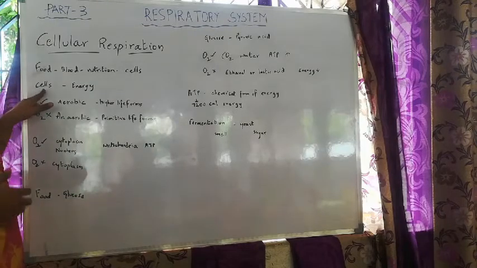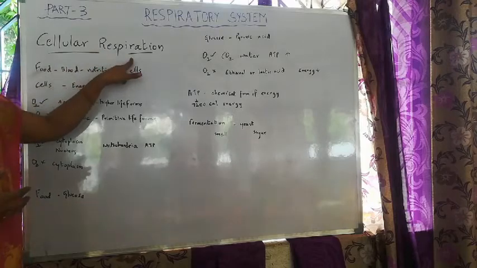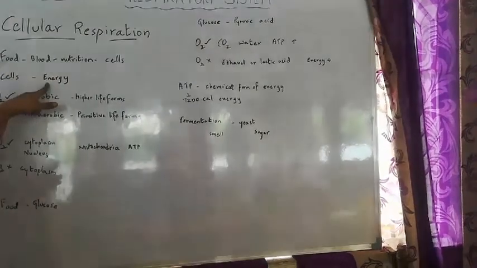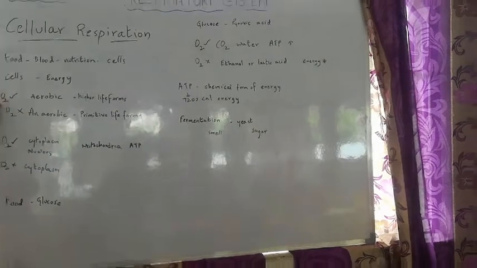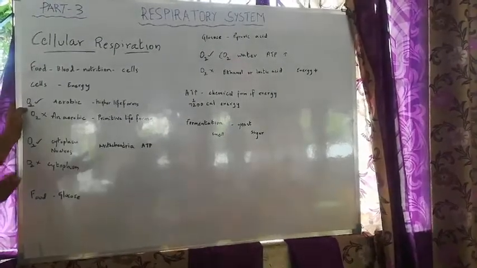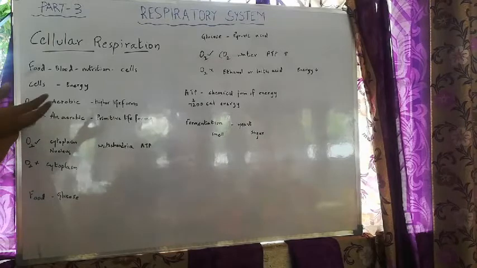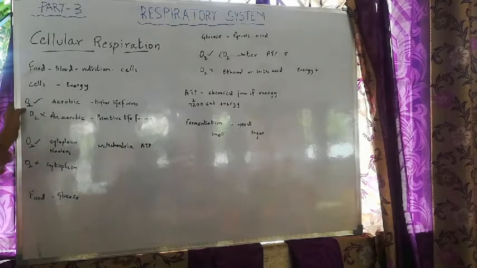Now inside the cell, cellular respiration happens to give out energy. Generally in the presence of oxygen we know, right? Lungs, they give us oxygen, it is carried by our blood to all the cells in our body.